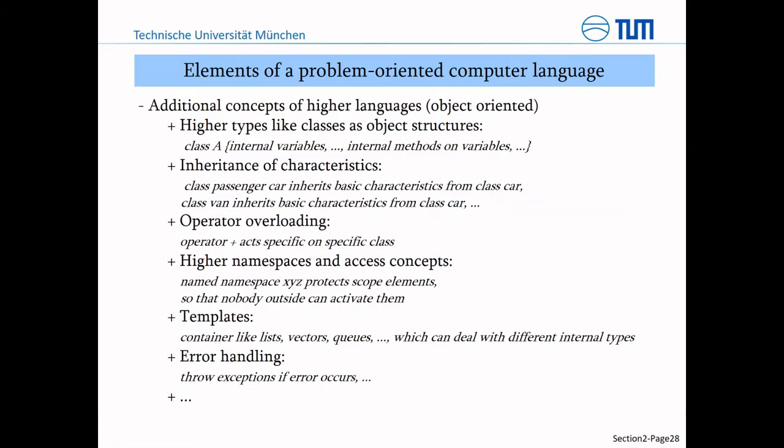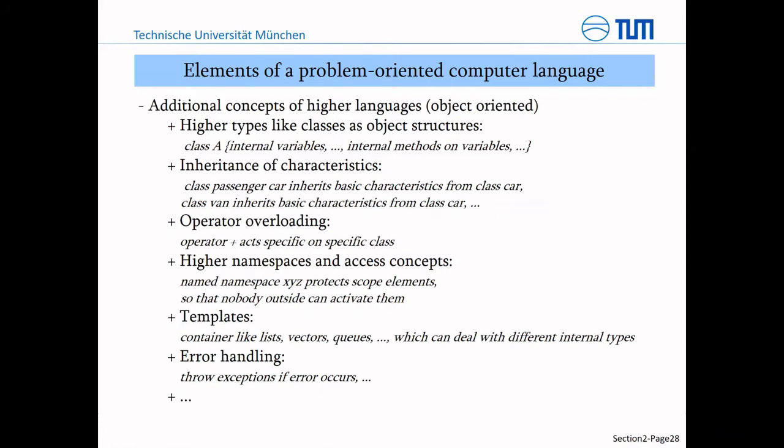You can just use a plus and vector plus vector, and implicitly the for loop is internally operated, and you get the result. And then you have things like higher namespaces or other concepts like templates, so that you can have a type independent mechanism of classes.